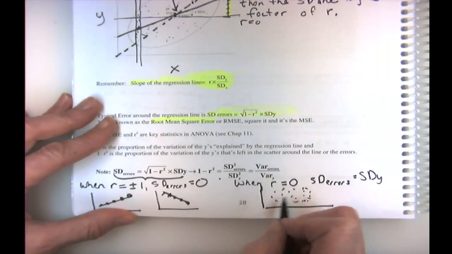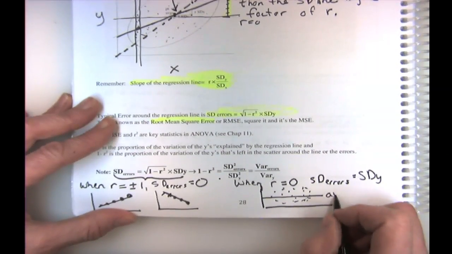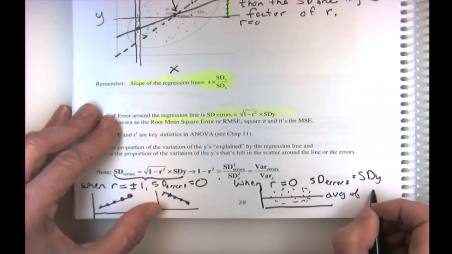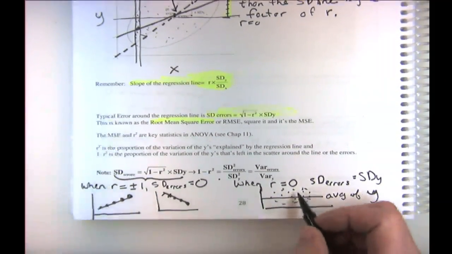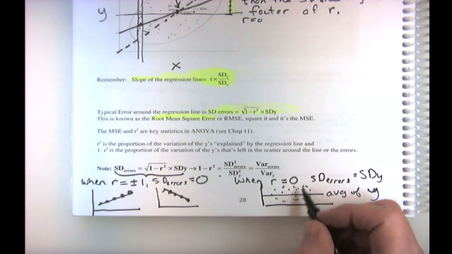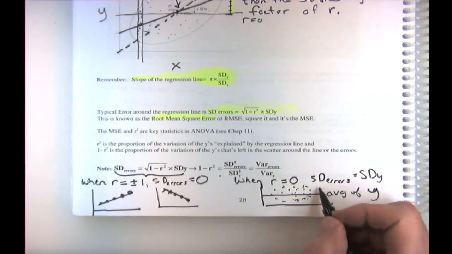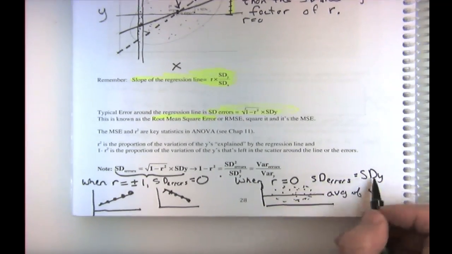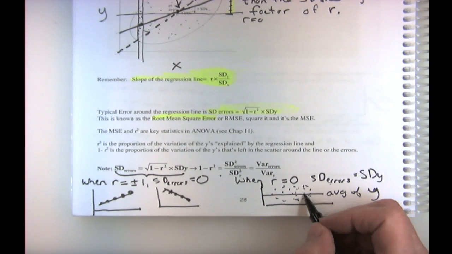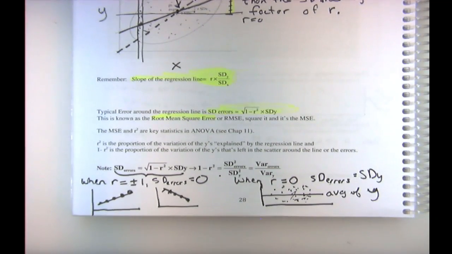And your best prediction, your regression line, would just be the average of the y's. And your spread around there, the standard deviation of errors, wouldn't it be exactly the same thing? The standard deviation of that would be the same definition of the standard deviation of y. It's the typical deviation from the average. So it's the same. So that works out.